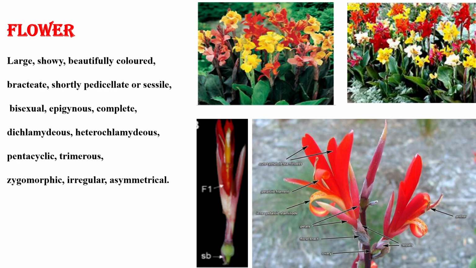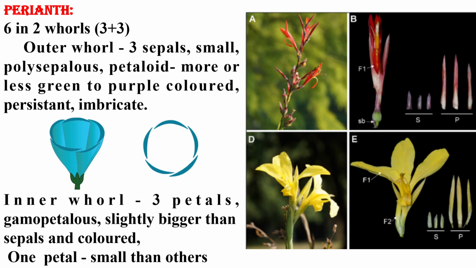Zygomorphic, irregular, asymmetrical, all three of the same meaning. That means flowers can be cut into 2 equal halves along only one particular plane. Then perianth. The non-essential parts of the flower are together known as perianth. Non-essential part means calyx and corolla. Perianth is 6 in 2 whorls.